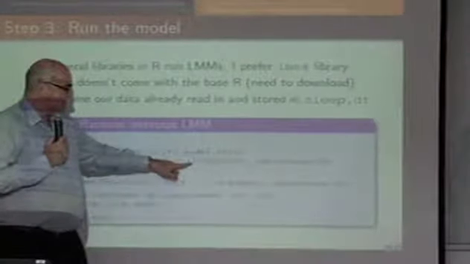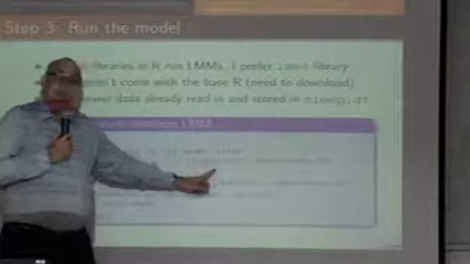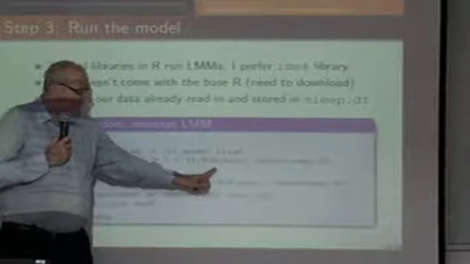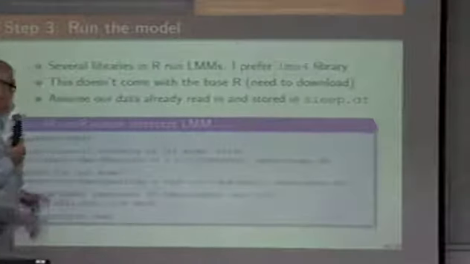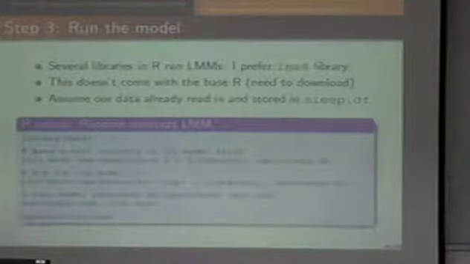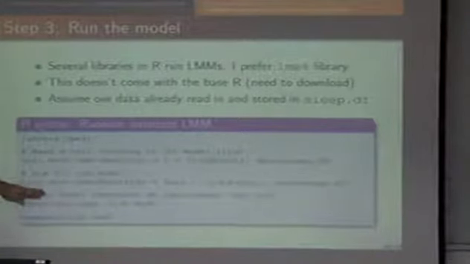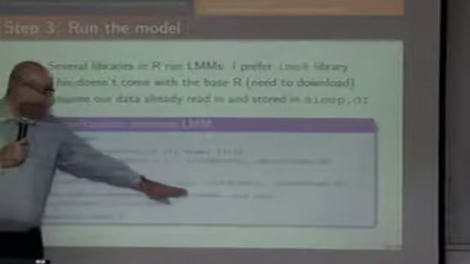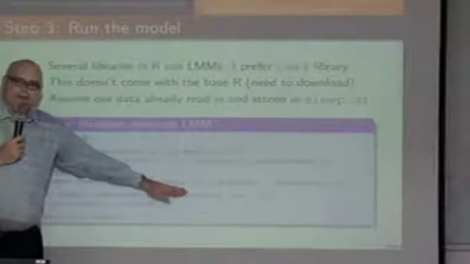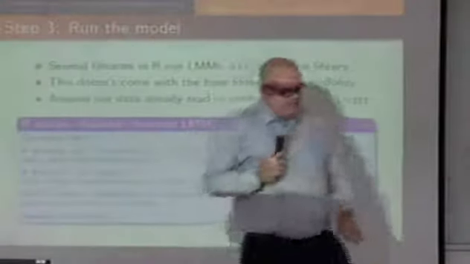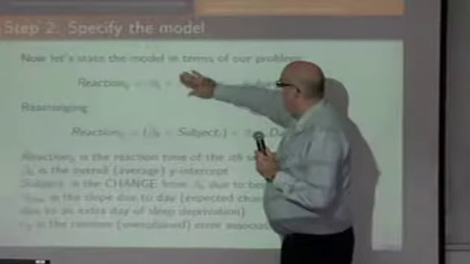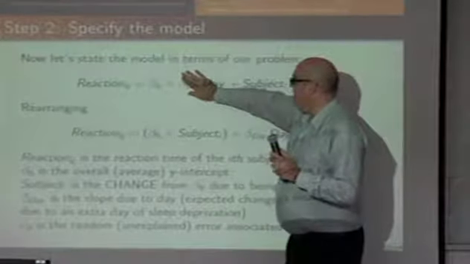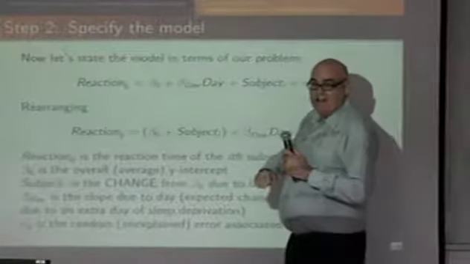Plus our random intercept. That's how we will say our random intercept. And remember, our random effect is subject. And then where to get the data from. So that's our null model. Our random intercept model is exactly the same, but now we're putting the day's effect in. I'll just show you what that means in terms of the model. That is the null model, and that is my random intercept.